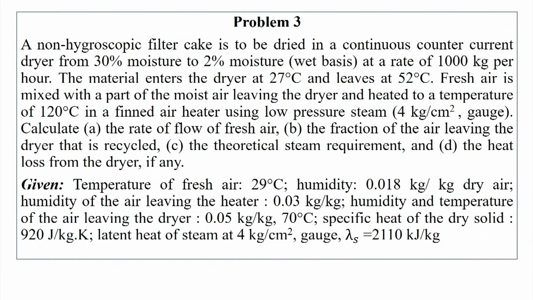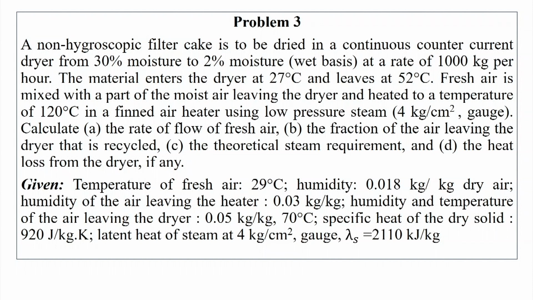Specific heat of the dry solid is 920 joule per kg Kelvin, and latent heat of the steam at 4 kg per centimeter square gauge pressure is 2110 kilojoule per kg. Now, we need to solve this one.